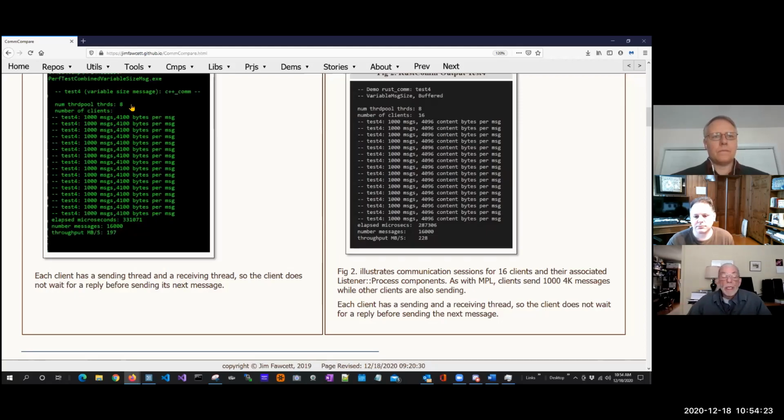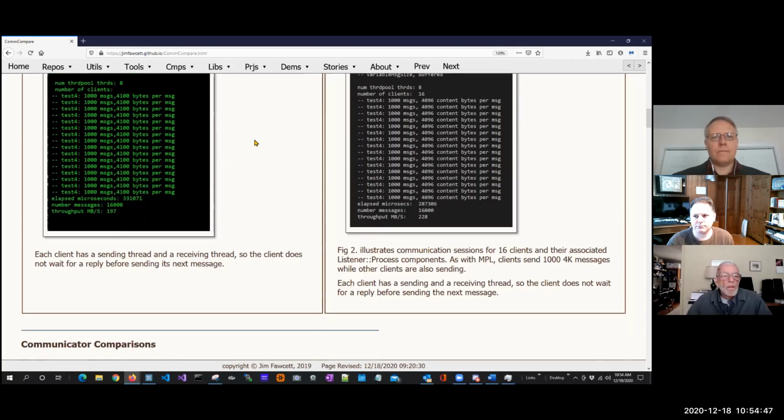It's easy to do, but the thread pool will pull up to 8 threads. And if a client submits a message and there's no thread available, it just sits in the send queue waiting for a thread to become available to process it. And it works the same way on both systems.